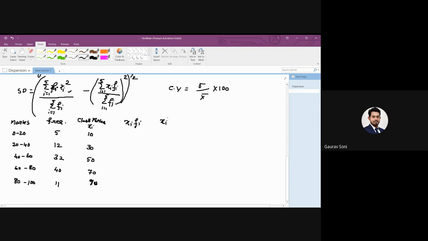So next one, xi square fi. What is summation fi here, as the denominator is there? Summation fi is 100. Yes, sir, it's 100. Now xi fi.